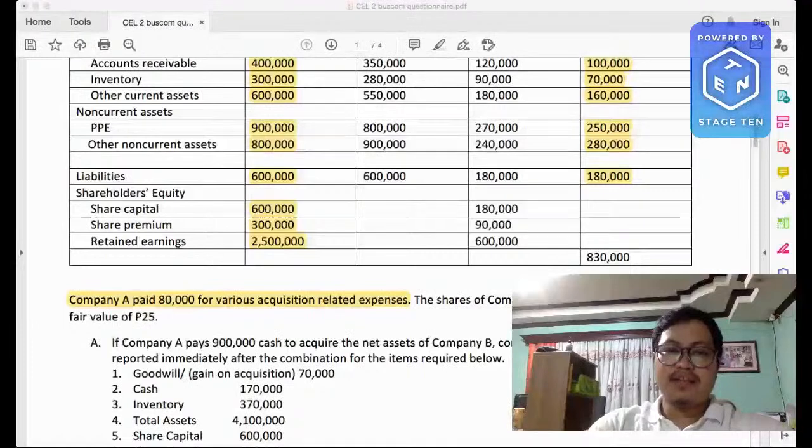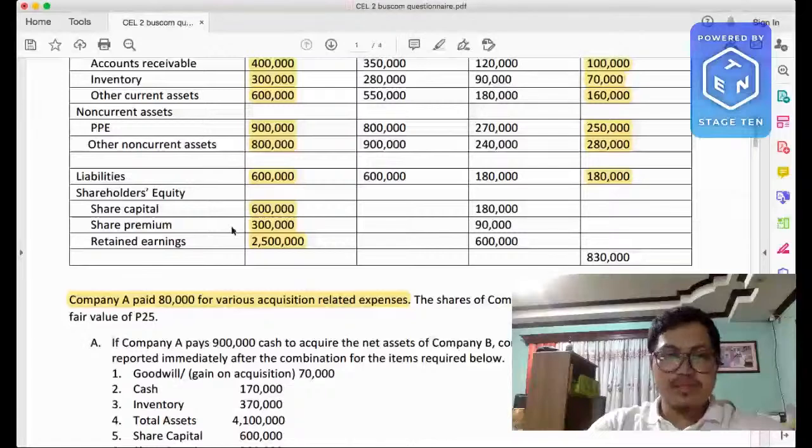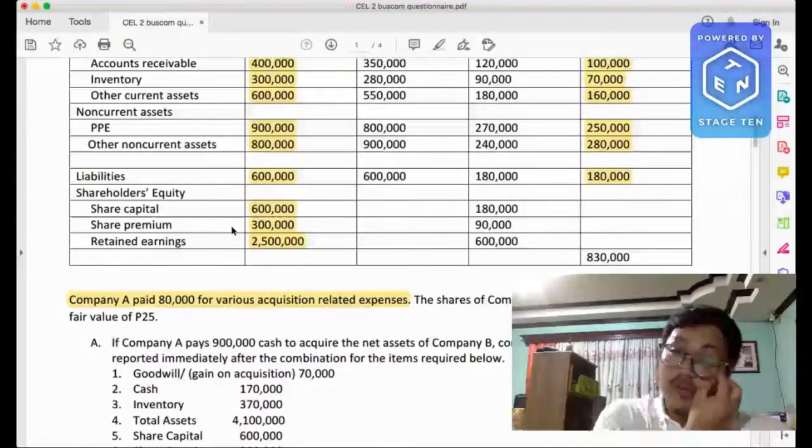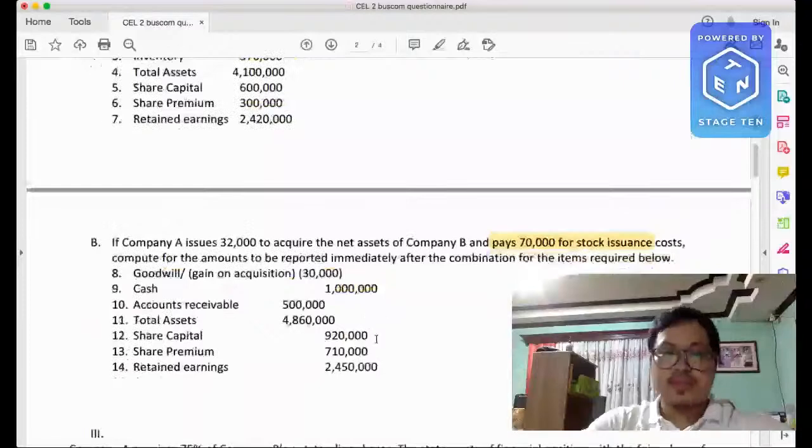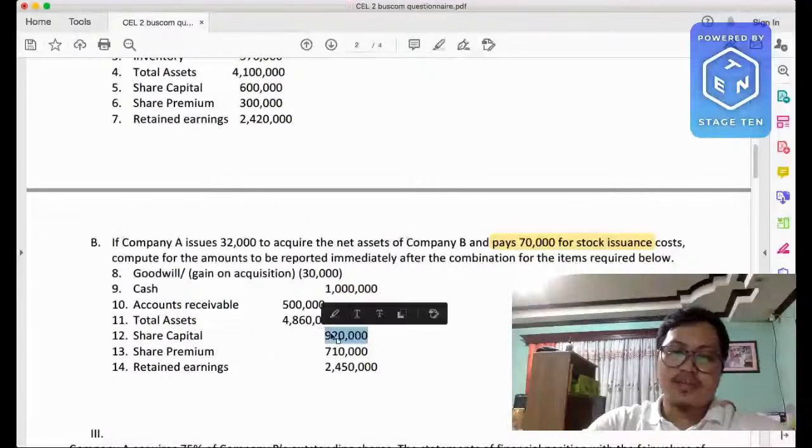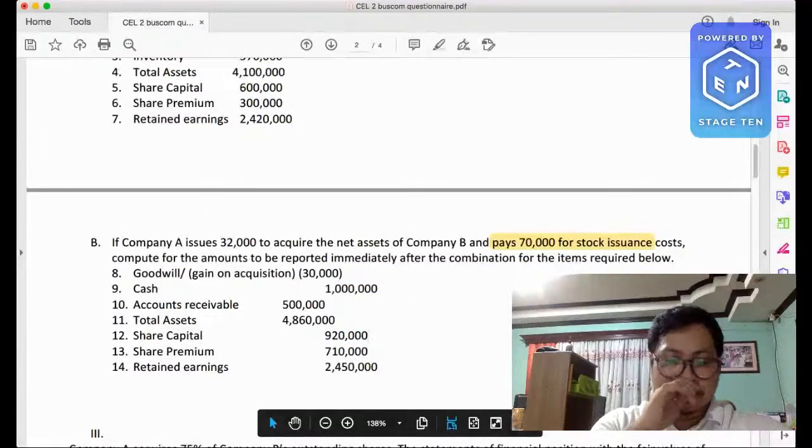So share capital, as a result of the combination, would now be 920,000. How did we get 920,000? The 600 immediately before the combination and the increase of 320 as a result of the issuance of the 32,000 shares. So that's why the answer, class, is 920.